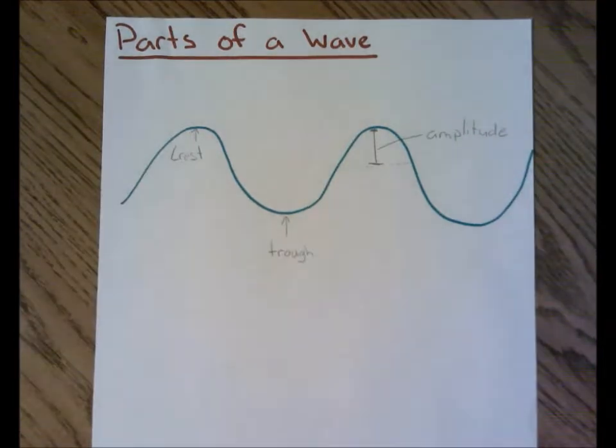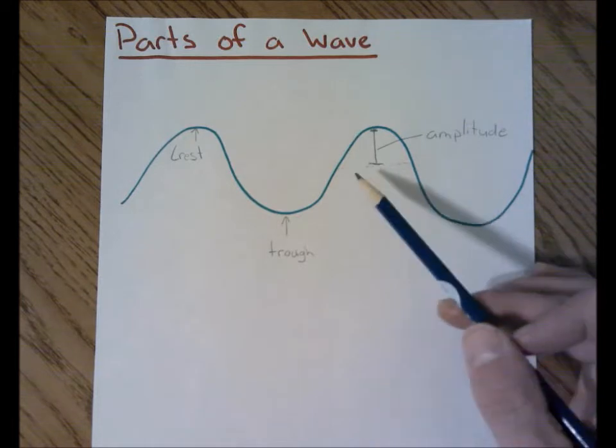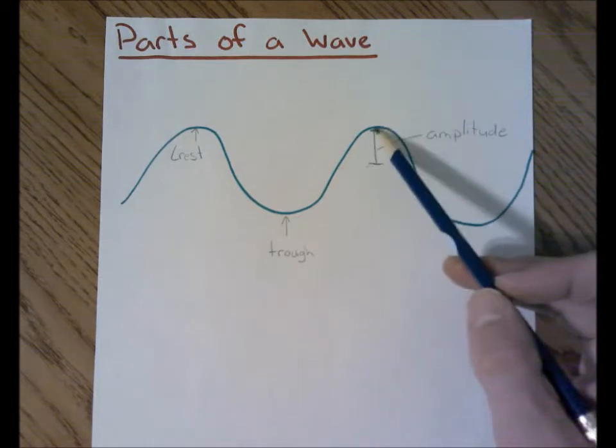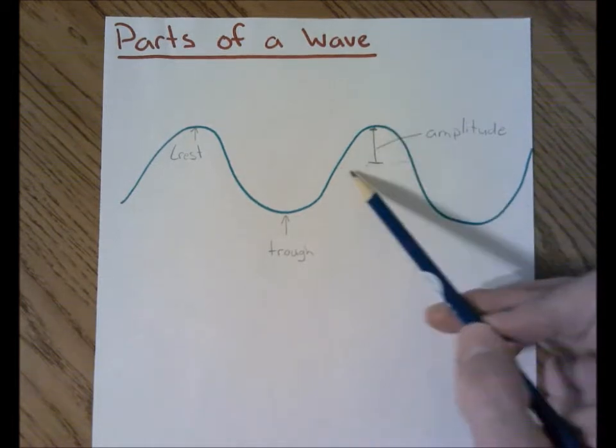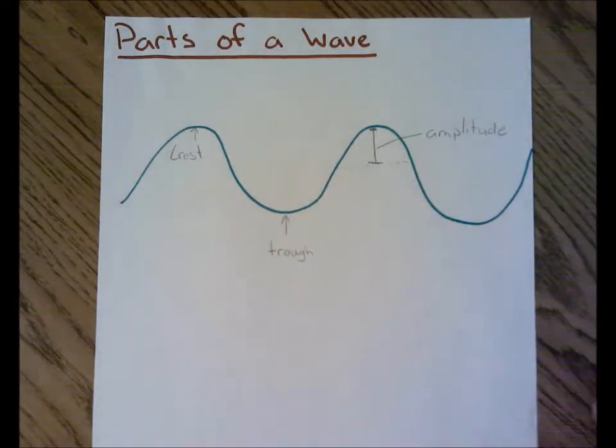Now, when we get into the definition, again, it's from the origin to the top of the wave, but it can also be the origin to the trough of the wave. So those terms can be used interchangeably.